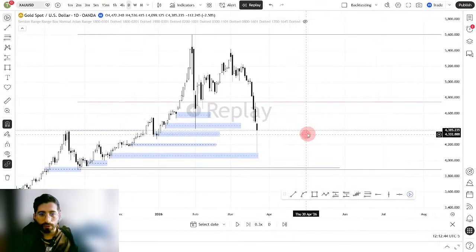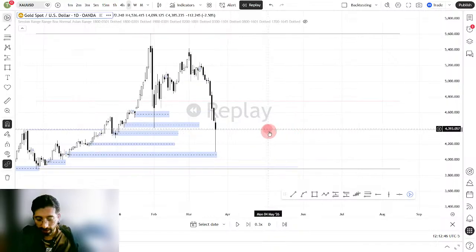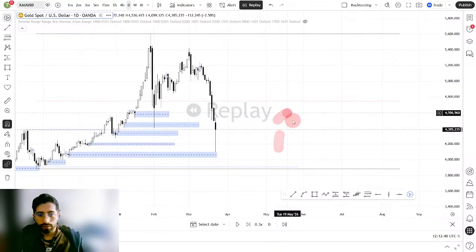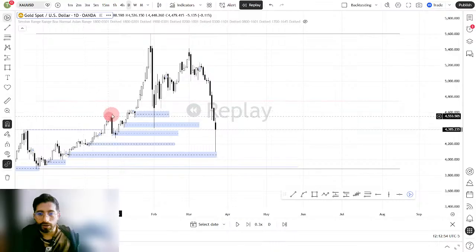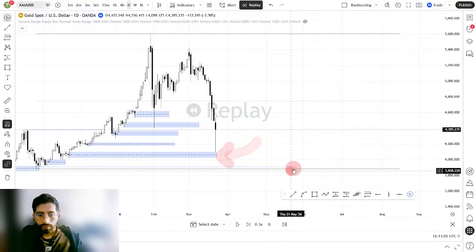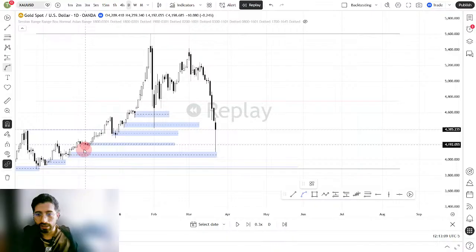We have 4 order blocks, all of them in the premium zone. But why didn't they work? Because all of them had prior liquidity. So money accumulated, money accumulated, money accumulated. And the only one that didn't have money accumulated was this one. So that's why we got such a huge reaction from the gold.